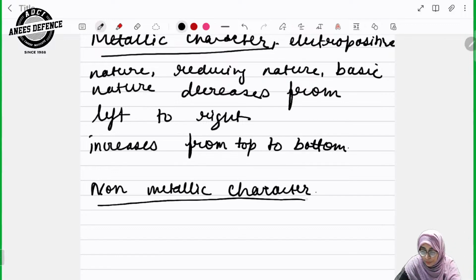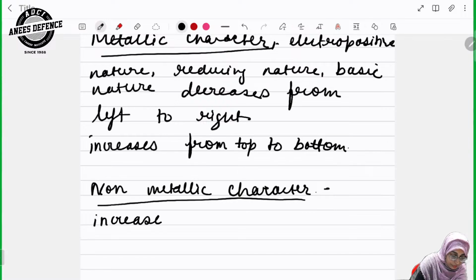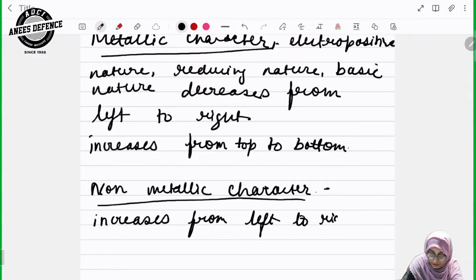Non-metallic character, electronegative nature, oxidizing nature, these go on increasing from left to right, and decrease from top to bottom.